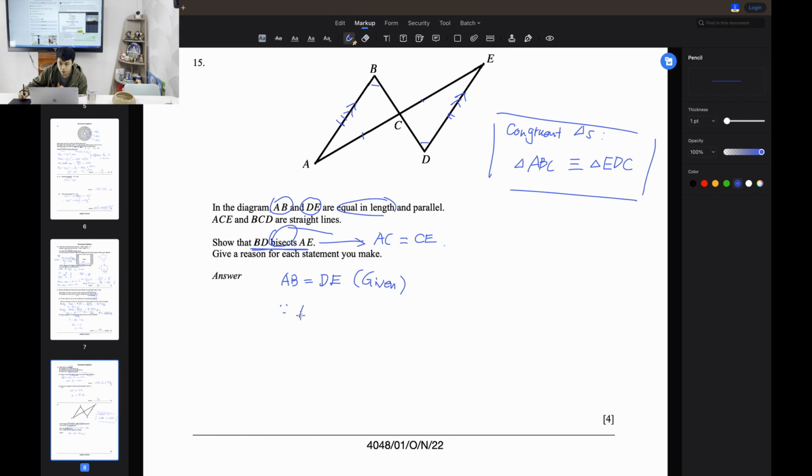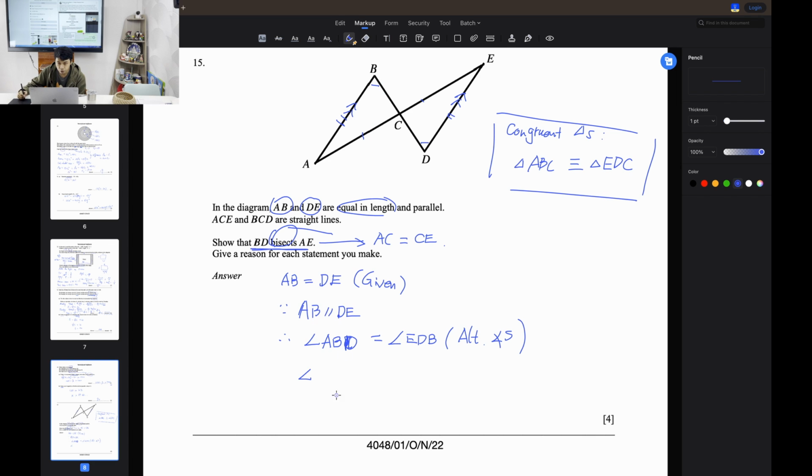And because AB is parallel to DE, angle ABD equals angle EDB. Why? Because these are alternate angles. Alternate angles, right?